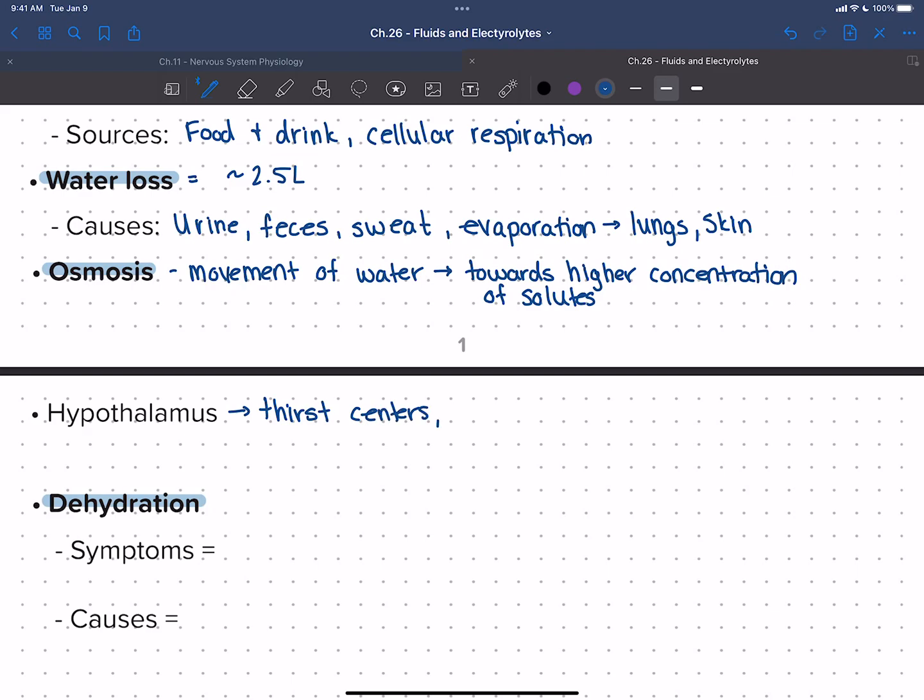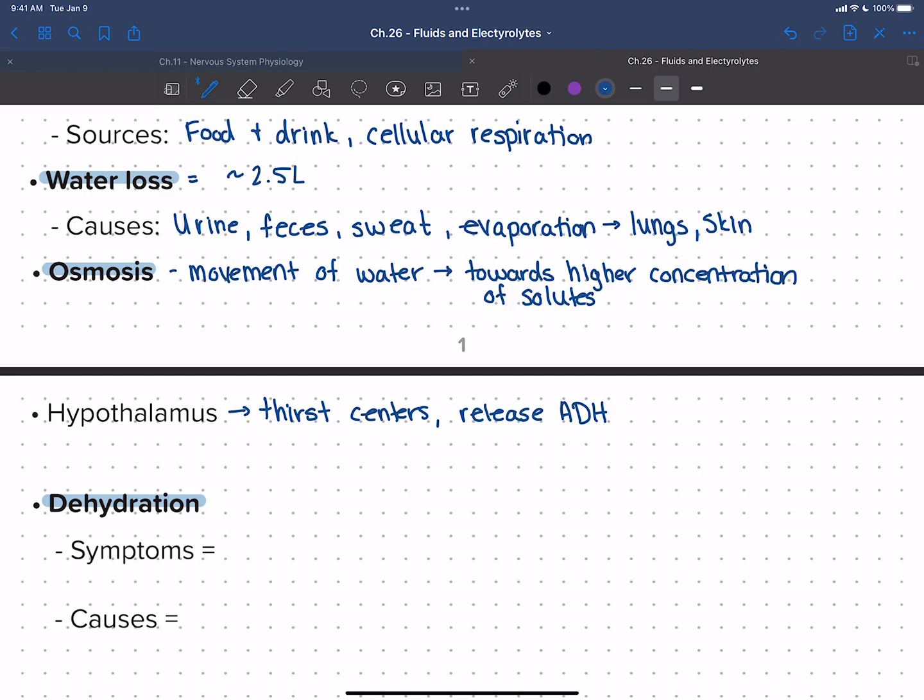Right? And we also know that it can release ADH, very important hormone for water balance, and that will add aquaporins, as we're going to learn about with the urinary system, right? It'll add aquaporins to some of the tubules in your kidney to help you take back water from the urine. All right, so the hypothalamus is also very important for helping with water balance.